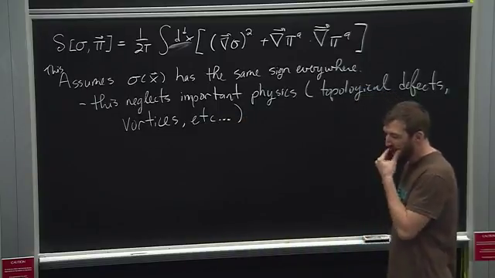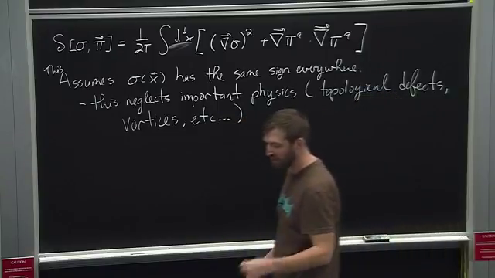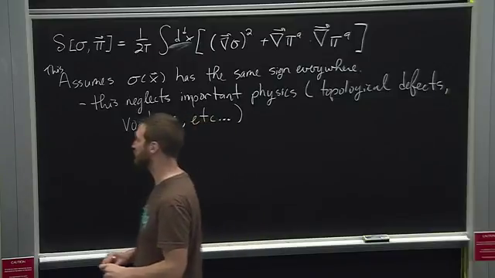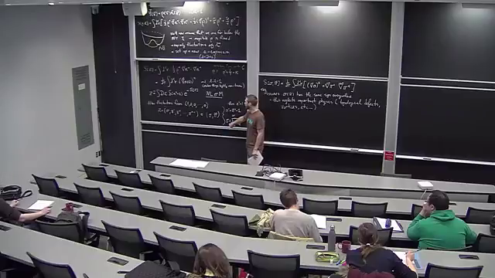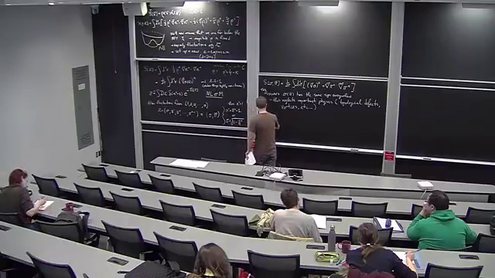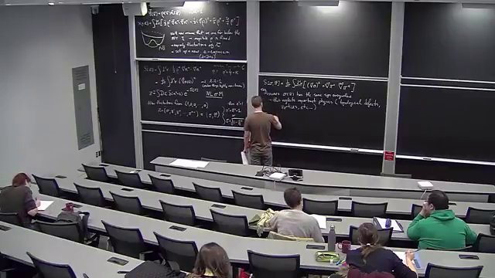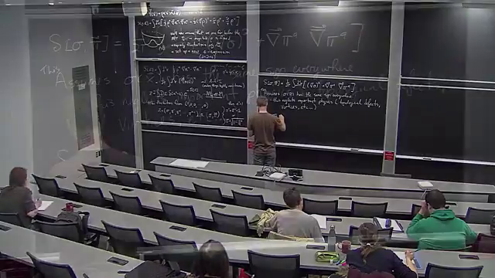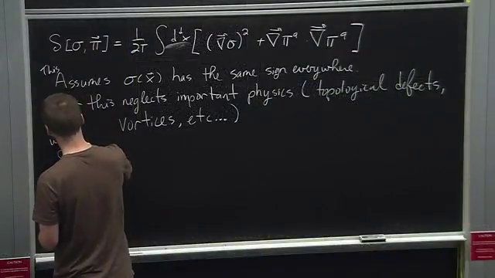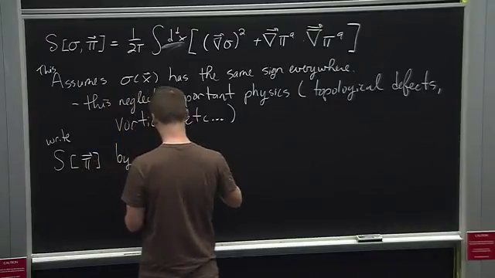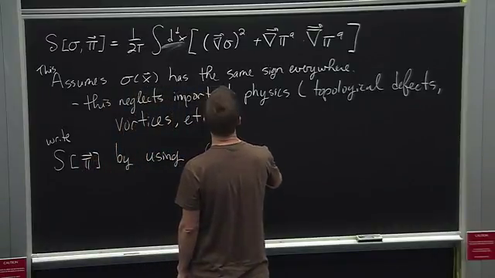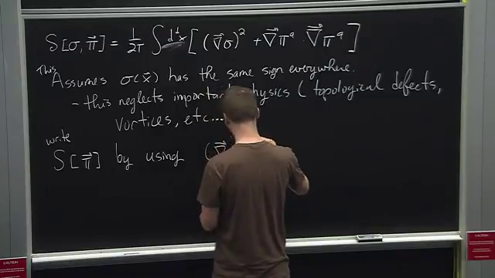Okay, so let's get rid of the sigma piece. We have a constraint here. Okay, let's solve for it. Let's write S just in terms of pi. So it's that first term squared.